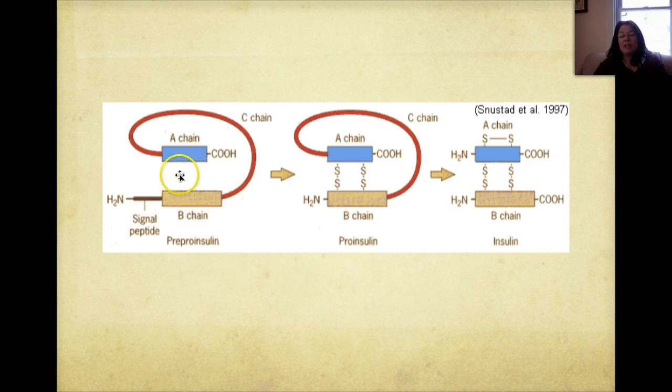It's got a region that gets called the B chain, and that's not terribly important for us to understand, but it's got a loop of amino acids, the C peptide, followed by what's called an A chain. So from B all the way through C and into A is just a chain of amino acids leading to the C terminus, or the carboxyl group. This is what we call pre-pro insulin.